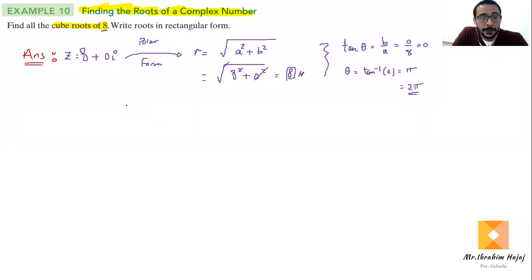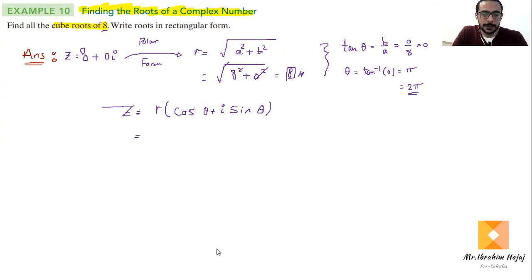And then, what is the complex number in polar form representing only the 8? Z equals R, write the rule first, R cosine the angle plus i sine theta. So what's the angle here?